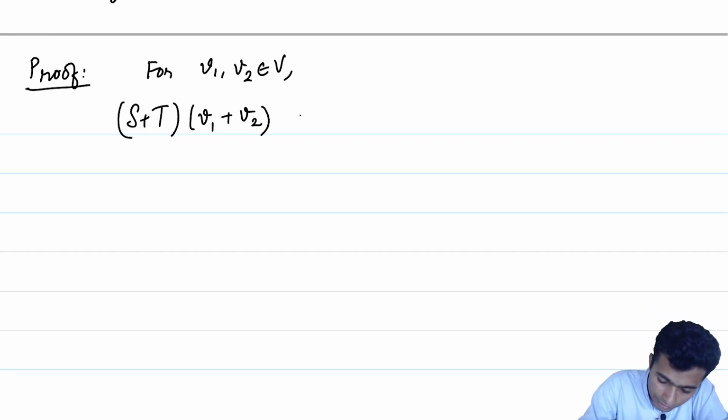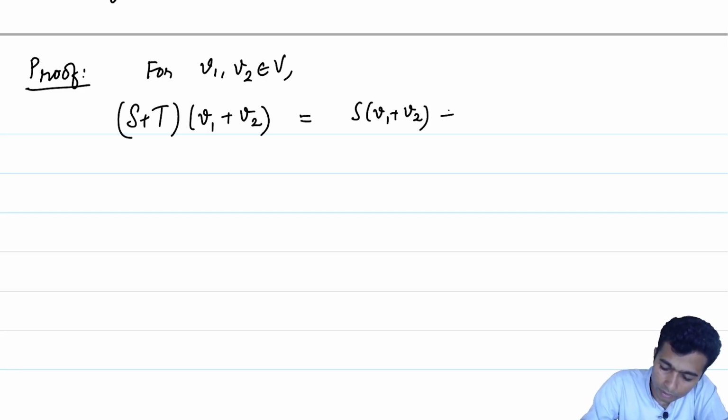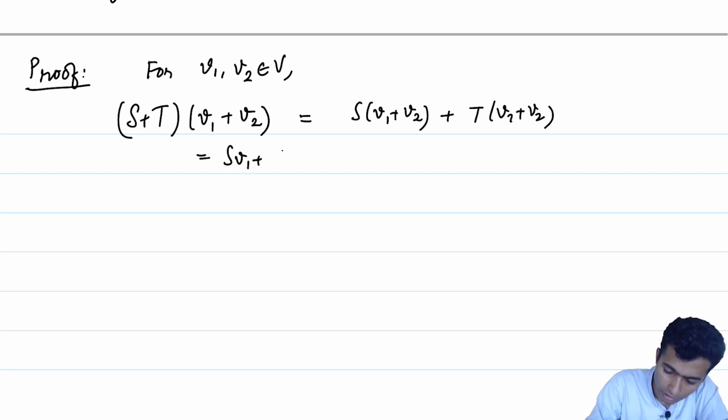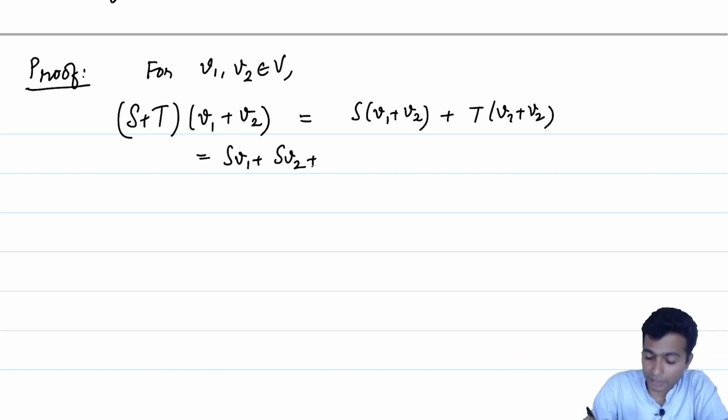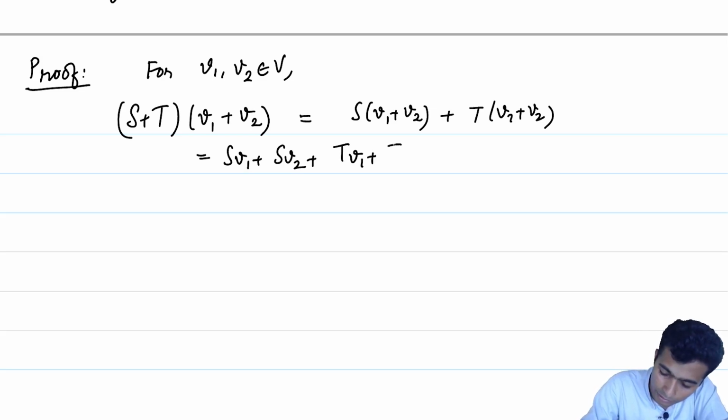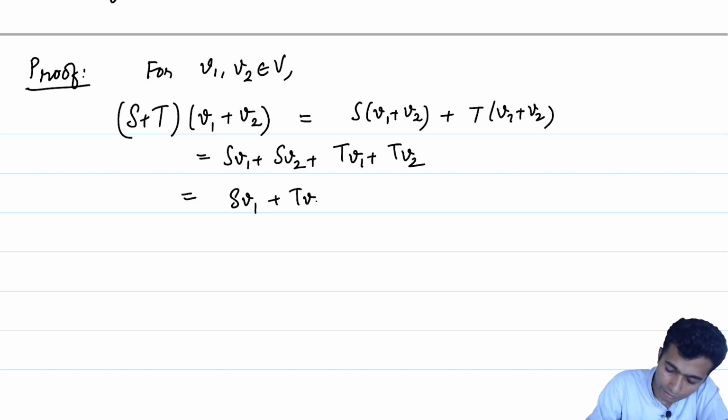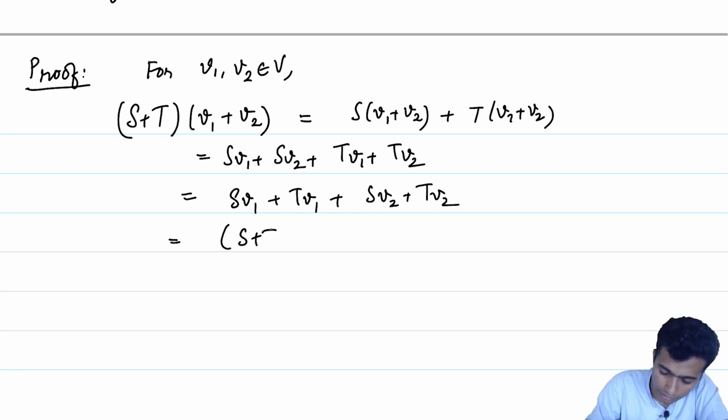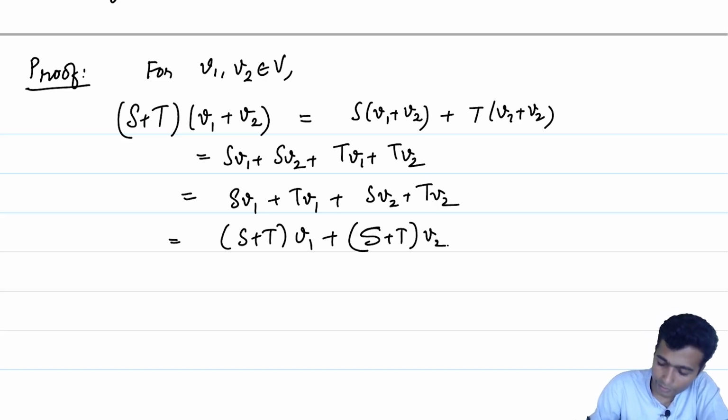But this by definition turns out to be S(v1 plus v2) plus T(v1 plus v2), which is equal to S(v1) plus S(v2) by the linearity of S, plus T(v1) plus T(v2), which by the vector space axioms will be S(v1) plus T(v1) plus S(v2) plus T(v2), which is equal to (S plus T)(v1) plus (S plus T)(v2).